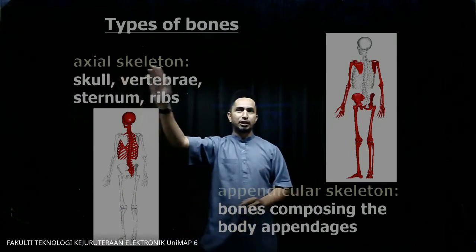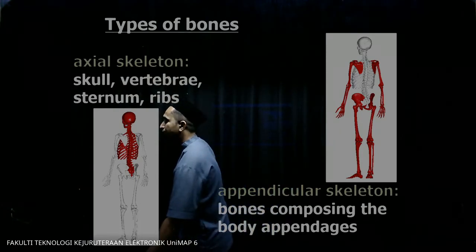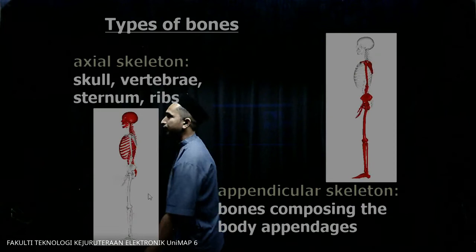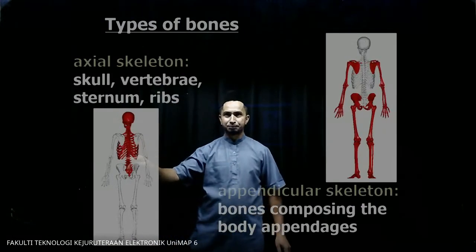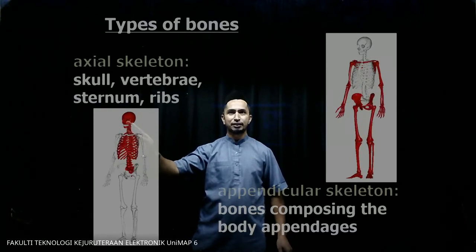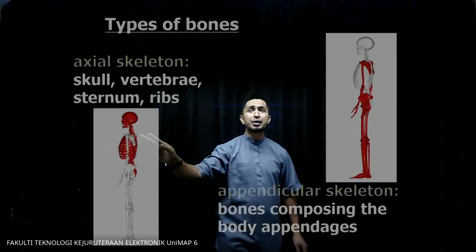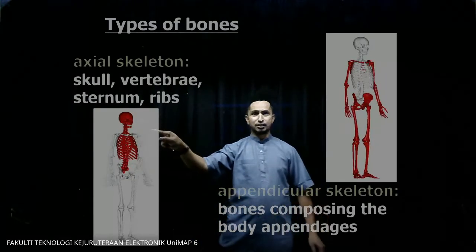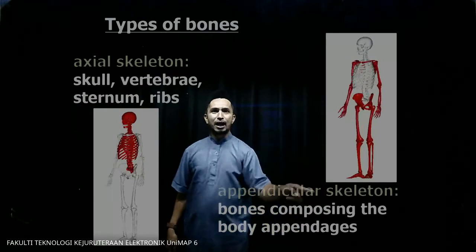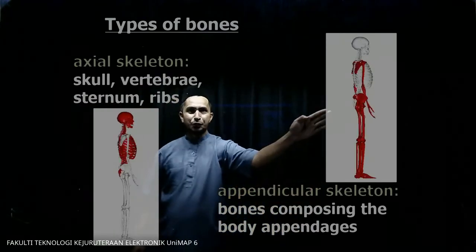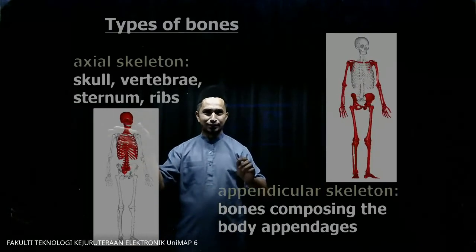What is the axial skeleton? Can you see the red color over here? This is the axial skeleton. It consists of the skull, vertebra, sternum, and also the ribs. Meanwhile, the appendicular skeleton is the red color over here. Beza. This is axial.